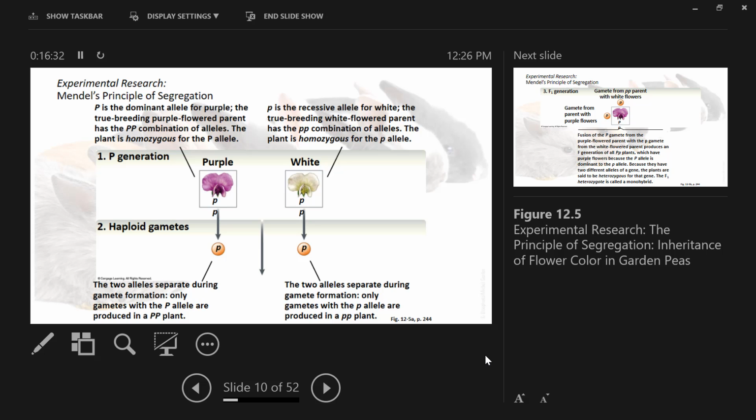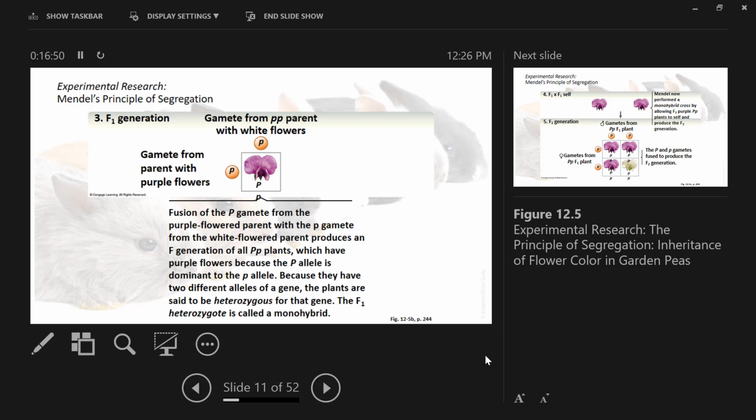And so if both your alleles are the same, then you can only make one type of gamete. But if you have 2 different alleles, then you can make 2 different types of gametes, but they don't blend. You don't make gametes that are part purple and part white. You make either a gamete that's purple or a gamete that is white.